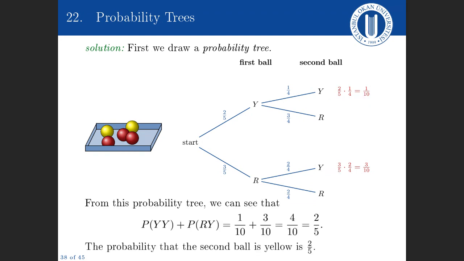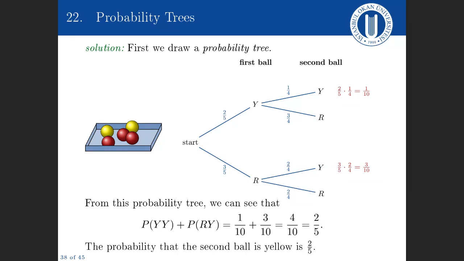If we add these together, we get the probability that the second ball is yellow: 1 over 10 plus 3 over 10, or 2 over 5. So the probability that the second ball is yellow is 2 over 5.